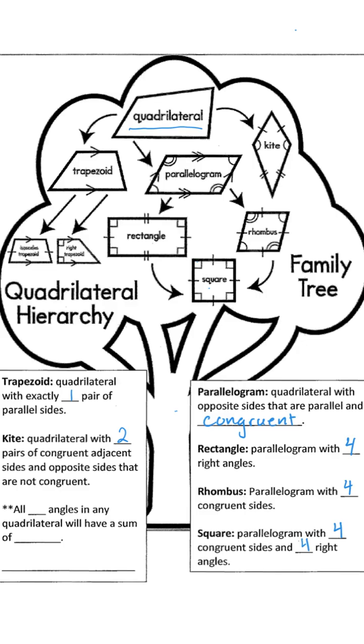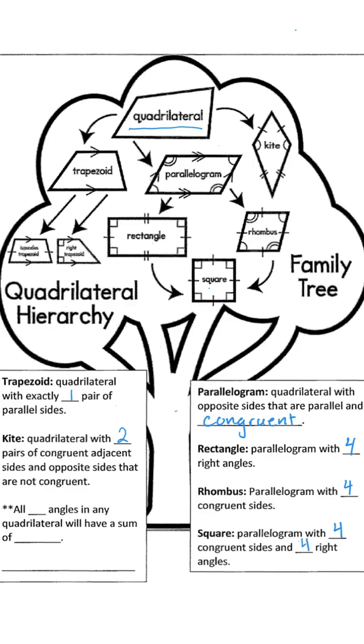So if somebody said that a square was a rhombus, they are correct. If someone looked at a square and said the square is a rectangle, they are also correct. If they called the square a parallelogram, they are correct. And if they just called the square a quadrilateral, they would also be correct. However, the most correct name is a square. So we always try to use the most correct name.